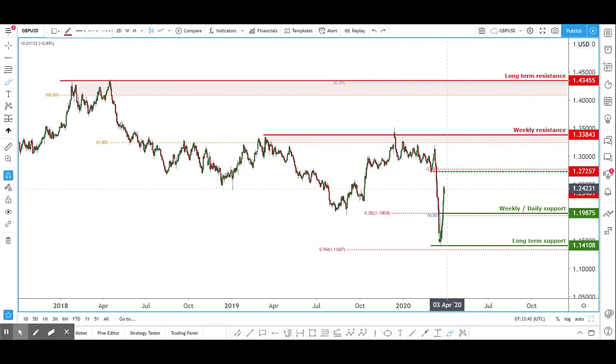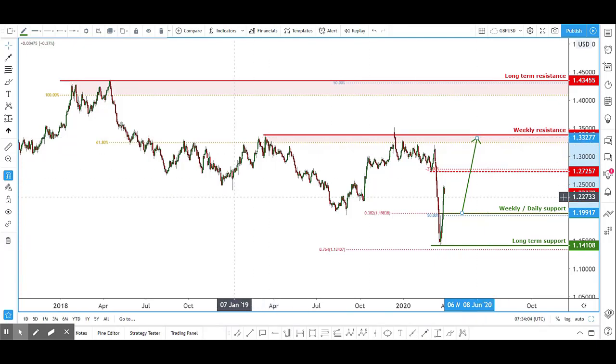Another way that price could move is to push up to the negative 27 and then come back down to the weekly support. So for this trade, I will wait for price to come close to the weekly or daily support, and then I will play a long bounce towards the weekly resistance.